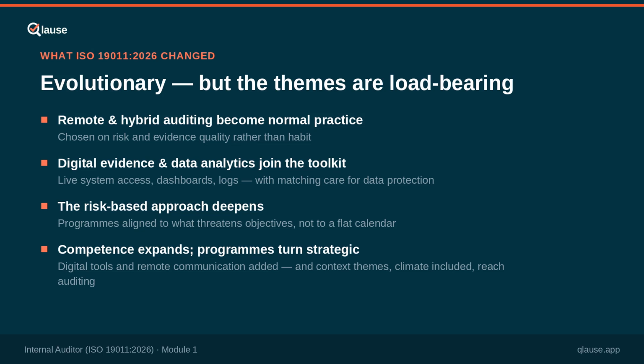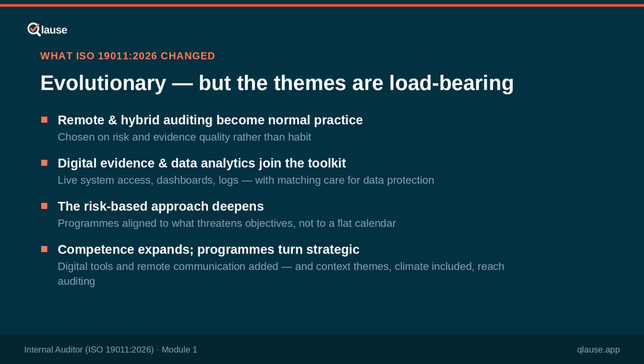So what did the 2026 edition change? It was published in May 2026, replacing the 2018 edition with immediate effect. Guidance has no transition period. The revision is evolutionary rather than a rewrite, but several themes matter to a working auditor. Remote and hybrid auditing move from exception to normal practice, chosen on risk and evidence quality rather than habit.